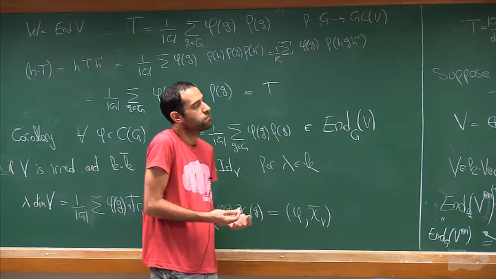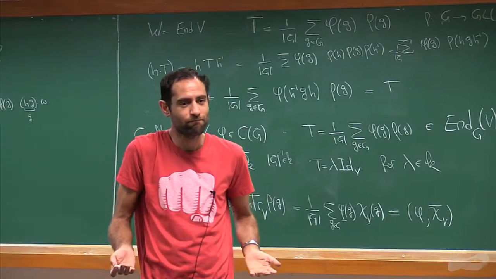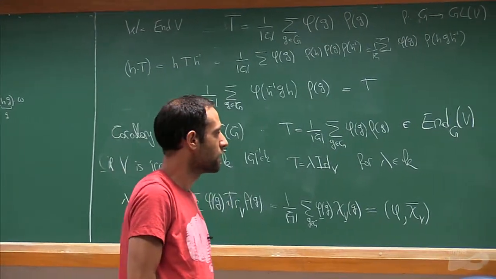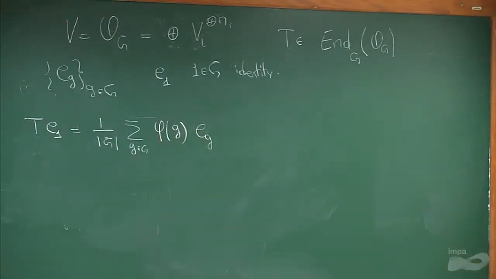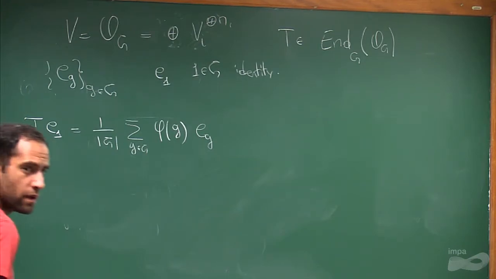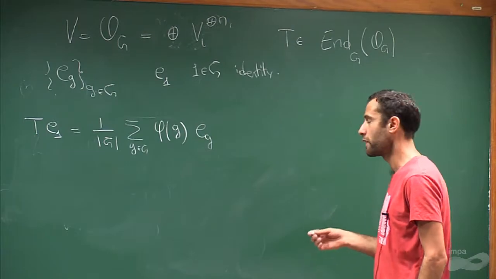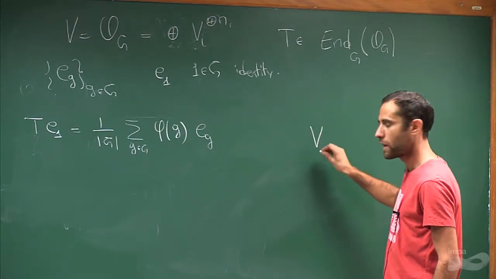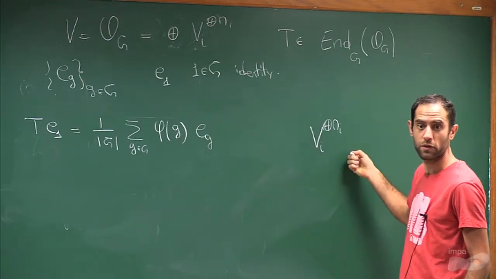But now, if you're looking at a representation that is not irreducible, I mean, if you look at the regular representation, yes, it will be decomposed. But the thing is that the components are not irreducible, right? So one of the components is V_i to the n_i, which is not irreducible.